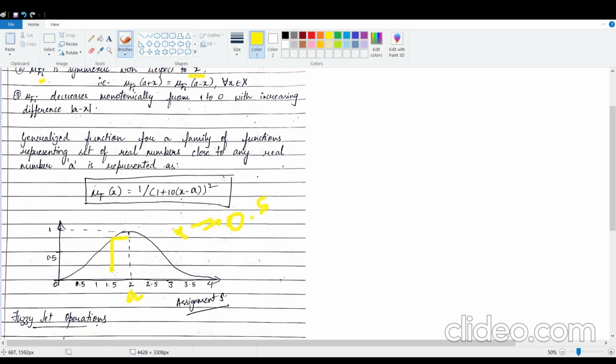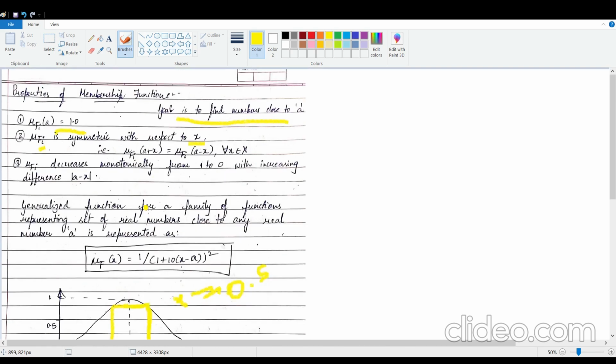So this is the direct mapping of it. And similarly, from 2 to the right, if you go 0.5, you will reach 2.5. If you look at both of these mappings, the y coordinates should always match. So that is another property that we have in the case of membership functions.